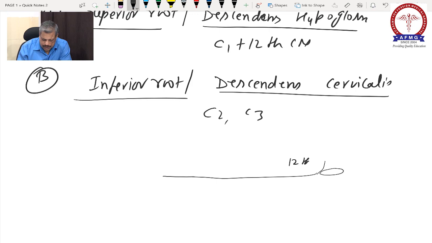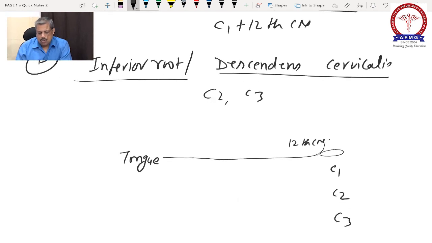We know the 12th cranial nerve supplies the tongue. Then there is the C1 nerve, C2 nerve and C3 nerve, and so on. All these spinal nerves come out from the spinal cord, which lies below the foramen magnum. So this is the first spinal nerve, the C1 nerve.